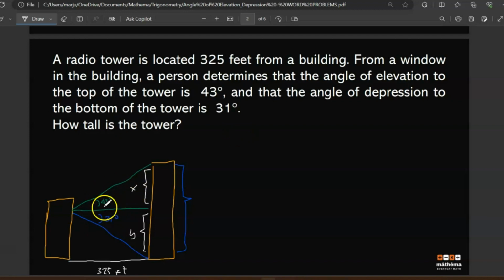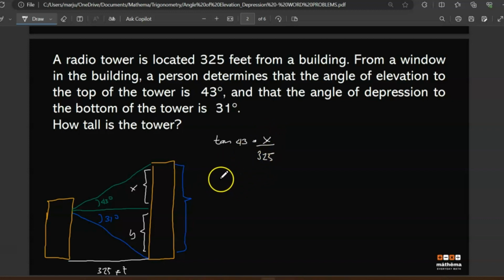We have the angle, we have the opposite, and we know that this is 325, so we have the adjacent. So we will write tangent 43 is equal to x over 325, and then solve for x.